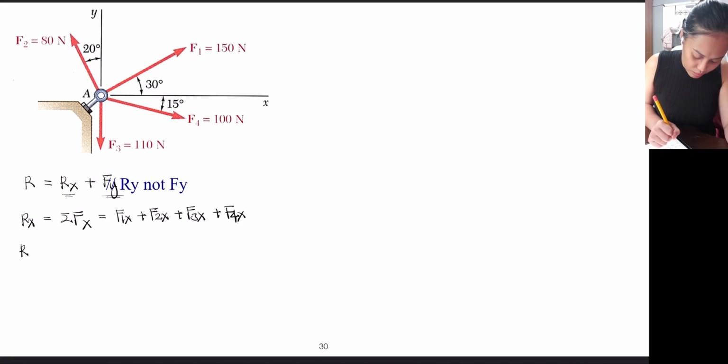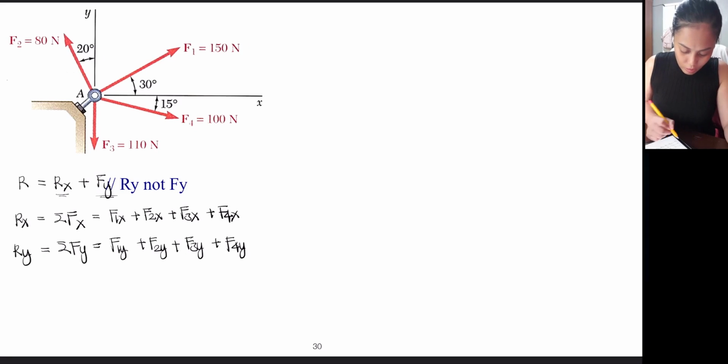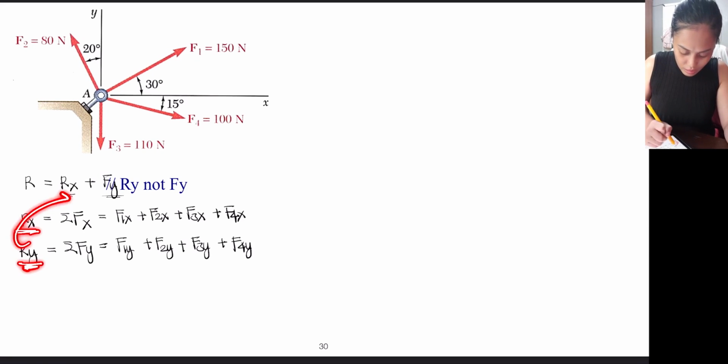How about the rectangular component of the resultant force along the y-axis? We get the summation of forces along y, which is equal to F1y, F2y, F3y, F4y. So now we have the rectangular components of the resultant force. Next we get its scalar value, its magnitude.